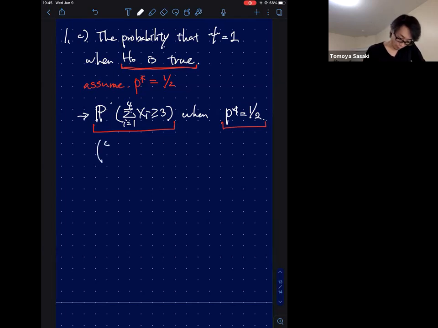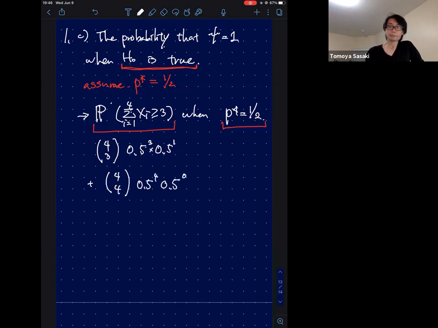So what you want to compute is this quantity plus this quantity.